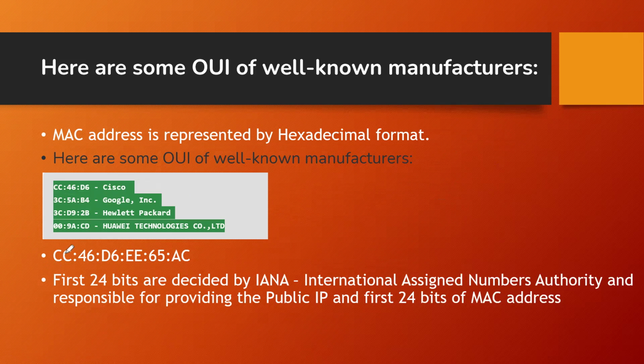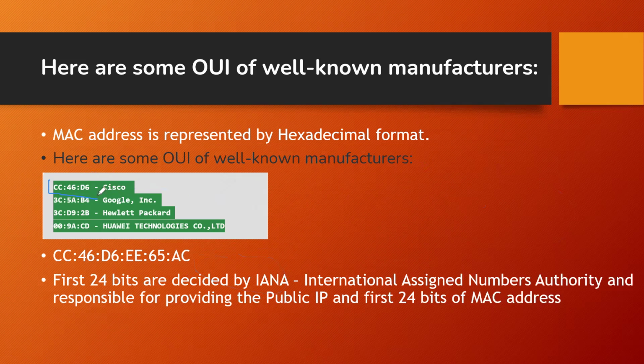In hexadecimal it goes 1 2 3 4 5 6 7 8 9, then 10 is A, 11 is B, and the last is F. Once Cisco has been given a number, it has to use only that 24-bit range. Once it is over, Cisco will go back and tell IANA that the number provided is exhausted and ask for another number, and IANA will provide one.